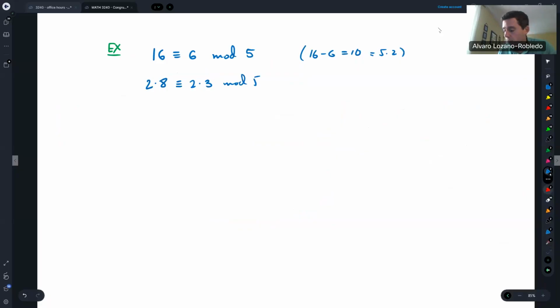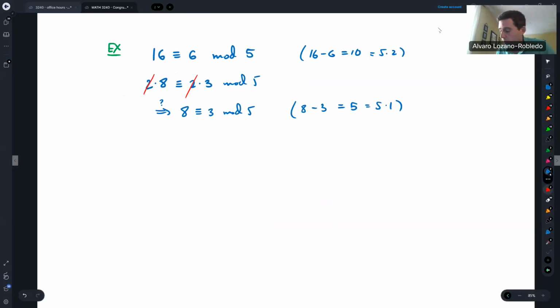So can I cancel the 2 here and the 2 here, and get a true congruence? Does that imply that 8 is congruent to 3 modulo 5? Yes, that is also true, because 8 minus 3 is 5, which is divisible by 5. So that congruence is true.